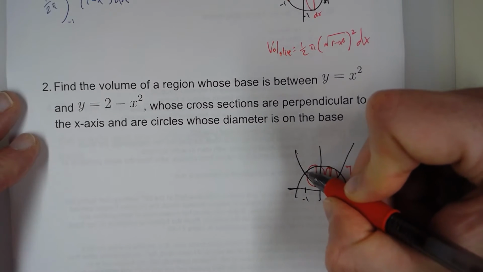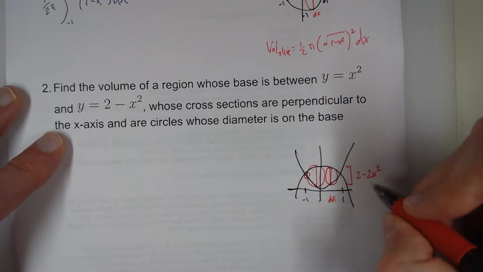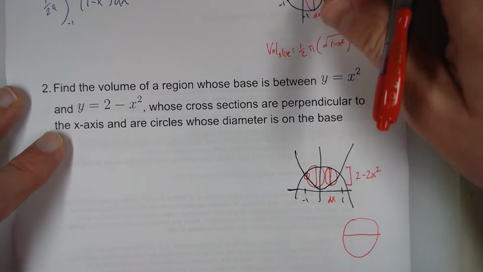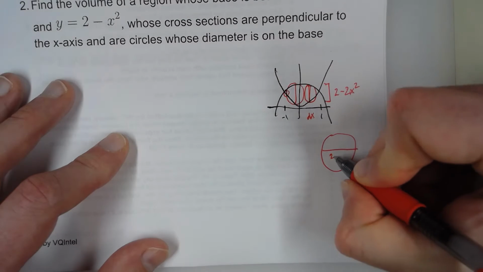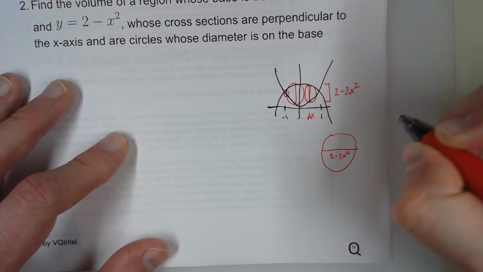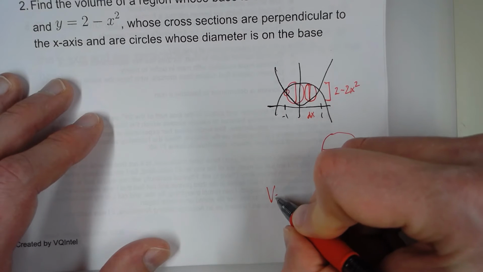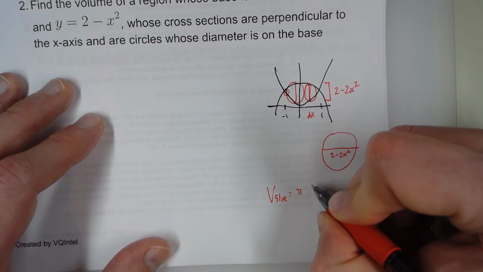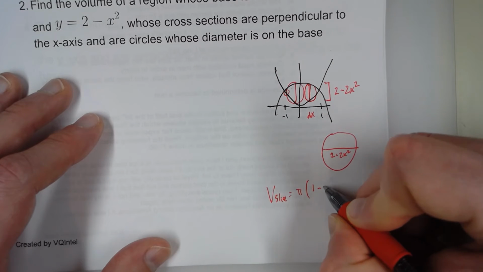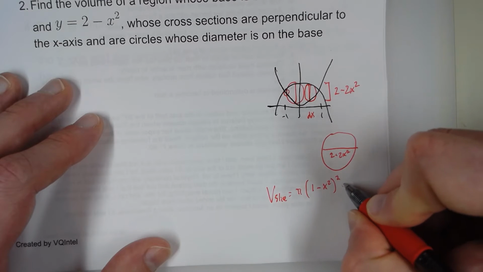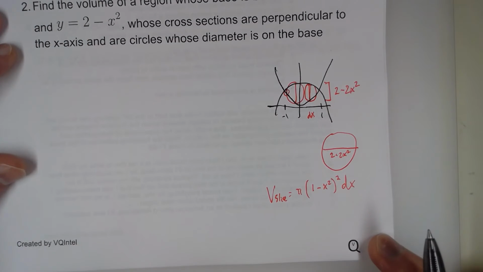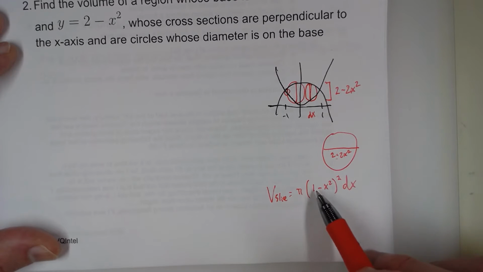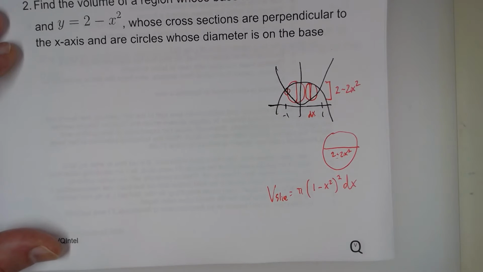So the circles are actually kind of passing through the base. So we want to find the area of this circle where we have 2 minus 2x squared as our diameter. So the volume of this slice is going to be pi times the radius, which is 1 minus x squared, squared, dx. Again, 2 minus 2x squared is the diameter, so I had to divide it by 2 to put it in for pi r squared.